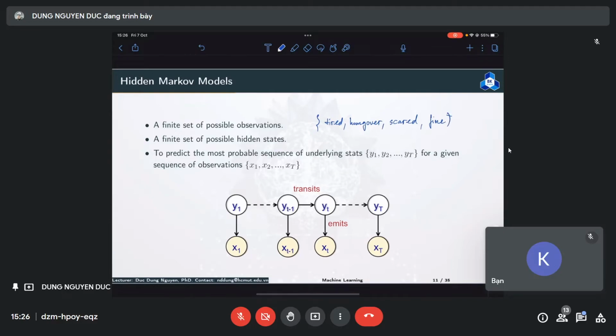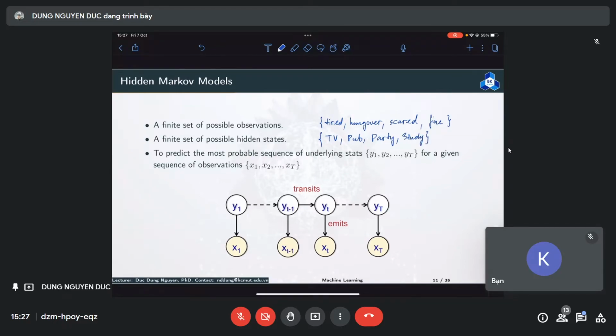Okay, so that's for the first one. How about a finite set of hidden states? A finite set of hidden states in our example, you will have watching TV, go to pub, go to party, and go to study.